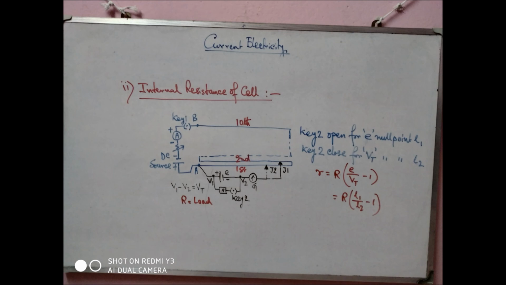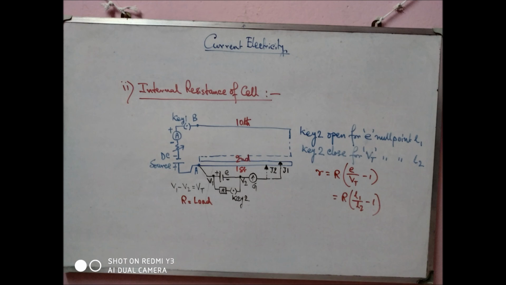Now the jockey position is at J2, so the null point length is L2. Naturally, which one is more? Obviously EMF is more than terminal potential. So L1 is more than L2. Jockey position J1 will be at a higher length than J2.